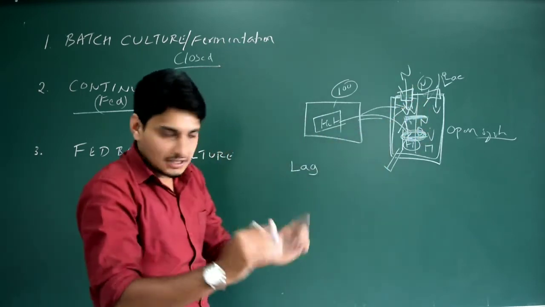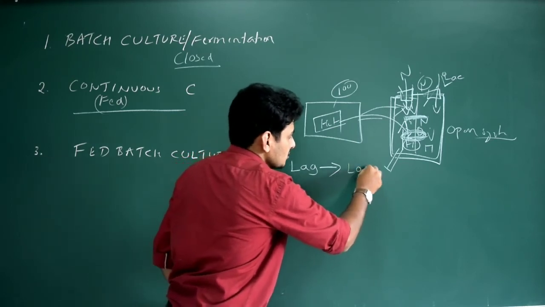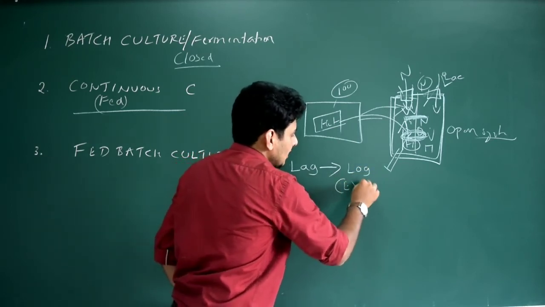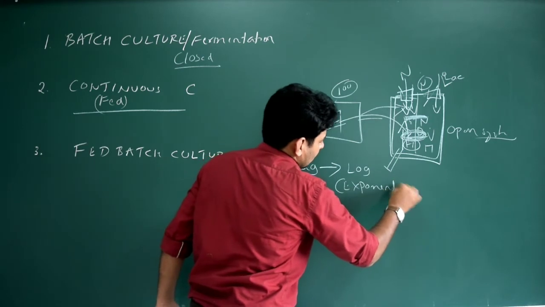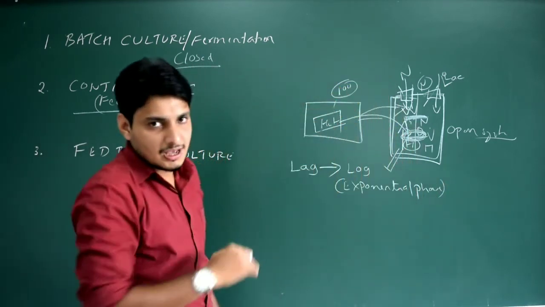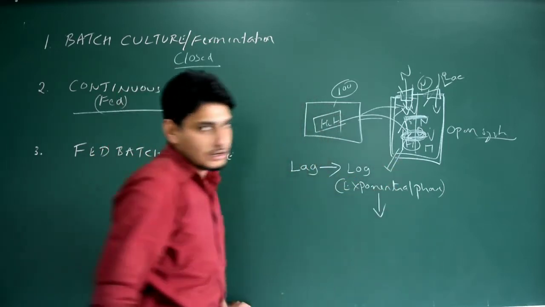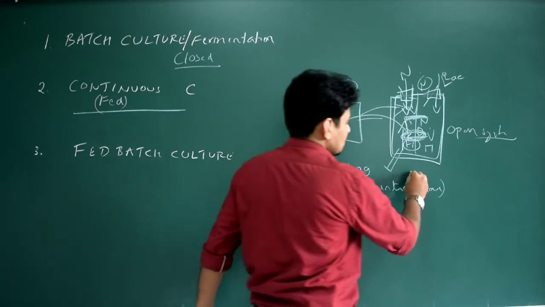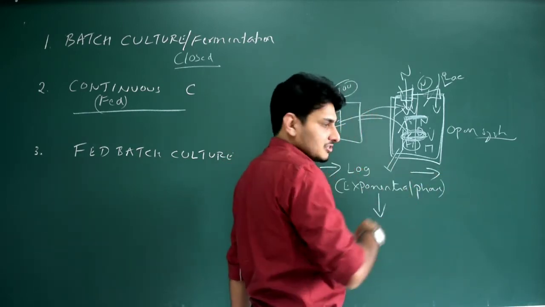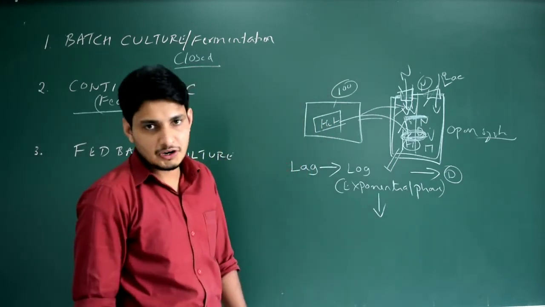Once it gets adjusted, the next stage is the log phase, also called the exponential phase. In this phase itself, I have to extract this heterologous organism. What is the next stage after the exponential phase? That is actually the declining phase, senescence. Got it?